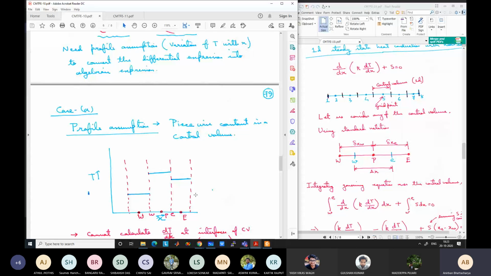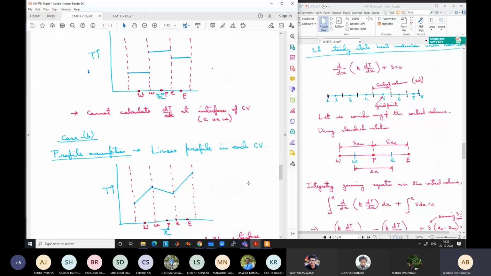The second profile assumption we took was, let us not have the discontinuity at the interface. So we assumed that in a control volume there is linear variation, in the second control volume there is linear variation, in the third control volume there is linear variation. The temperature equals the temperature of the grid point at the center, because that is the only known value, TW at center, TP at center, TE at center.